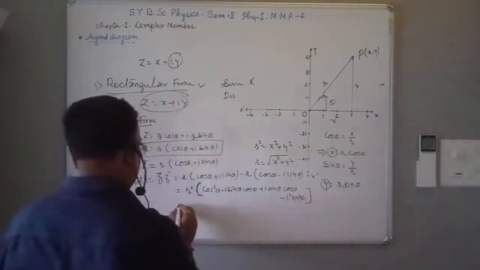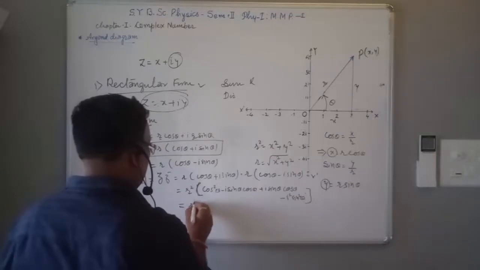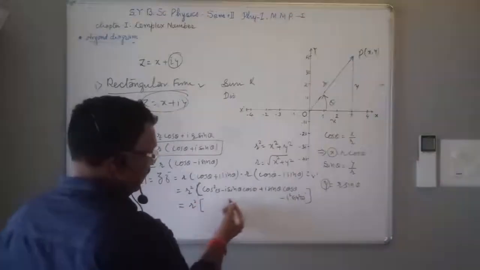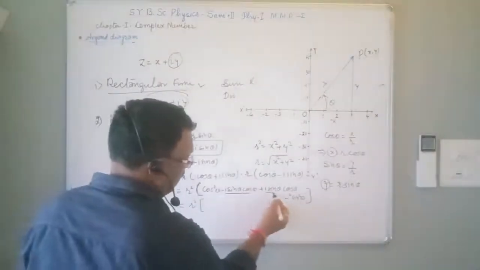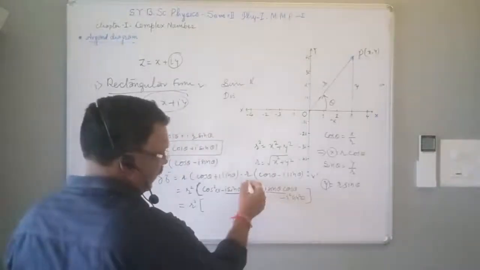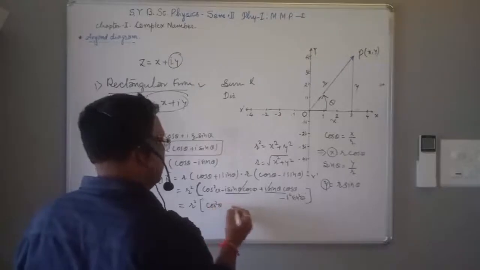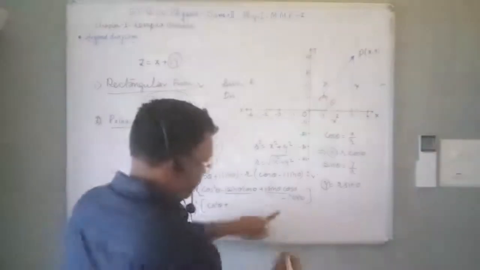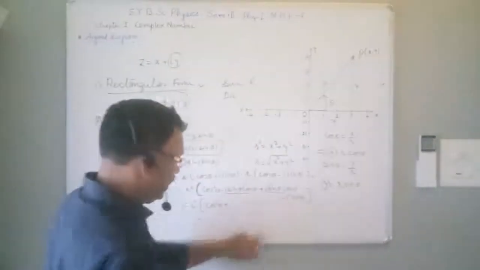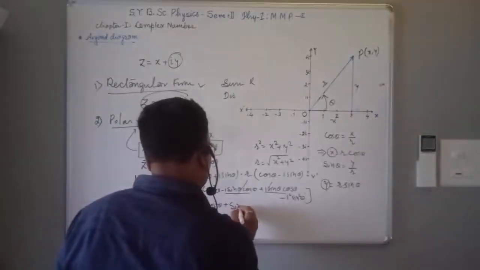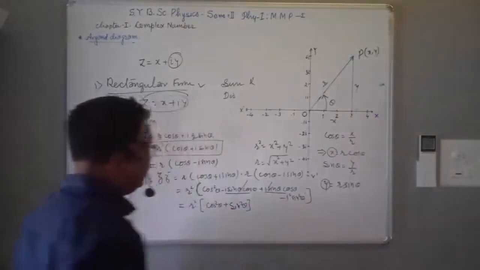Simplify this term, we get r square in bracket. This term and this term are equal and opposite, hence getting cancelled with each other. Now we have cos square theta plus, i square is equal to minus 1, minus minus becomes plus, sin square theta.